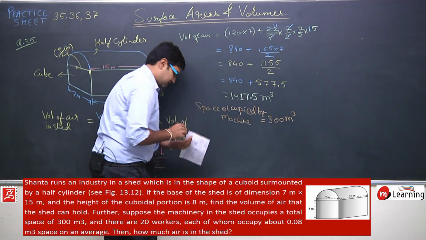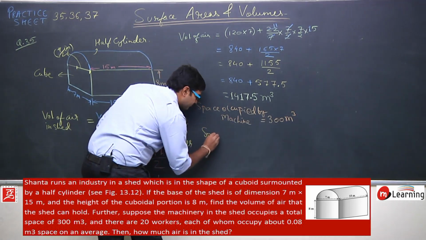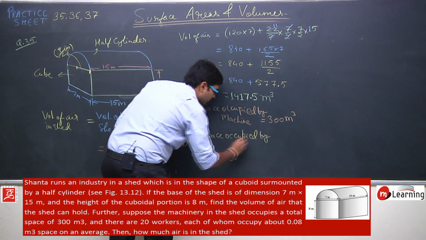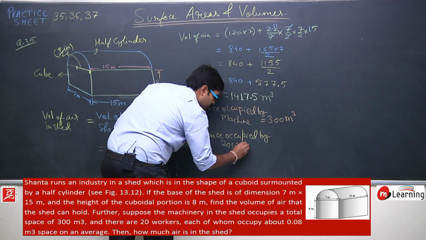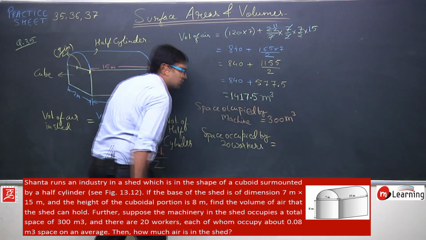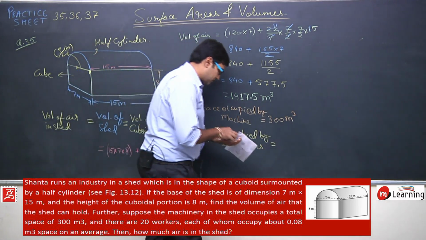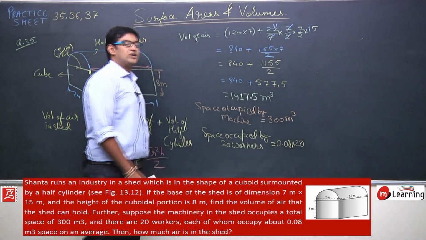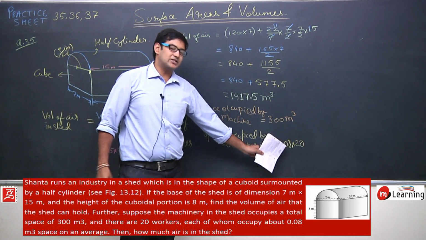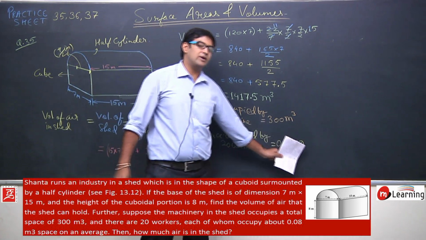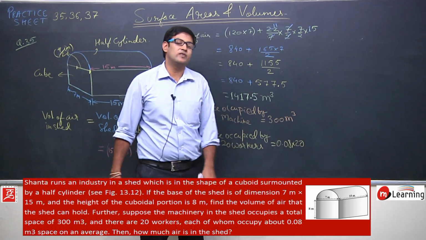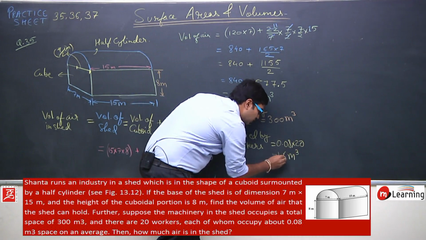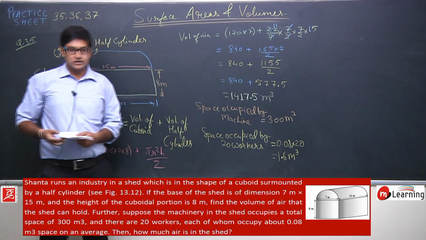So what about 20 workers? Space occupied by 20 workers will be 0.08 into 20. Now why 0.08 into 20? It's because each worker is occupying 0.08 meter cube of volume and I have 20 workers. So just multiply this, 0.8 into 2 will give you 1.6. So 1.6 meter cubes of volume will be occupied by the workers.